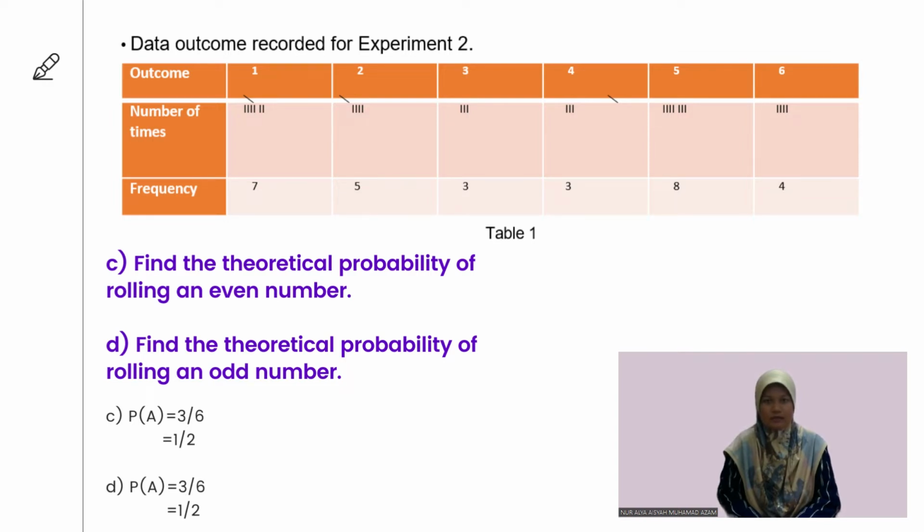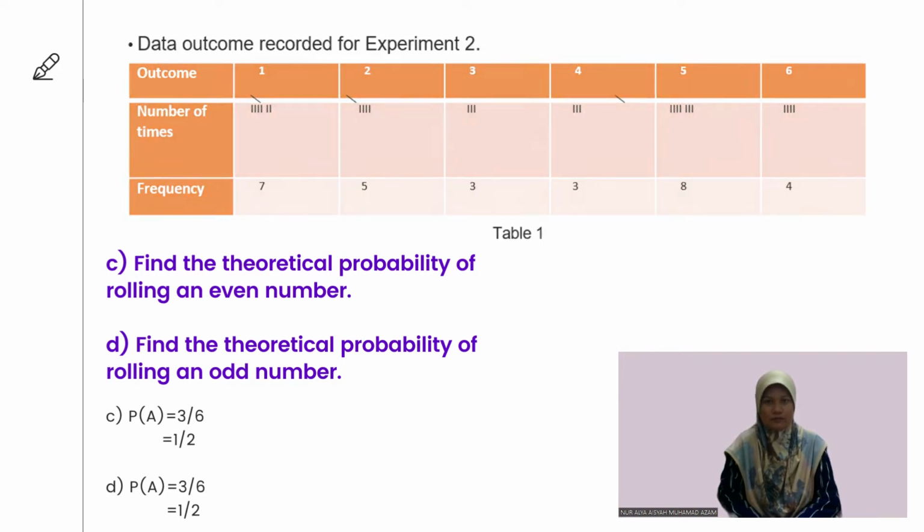Simplify, equal to 1 over 2. For question D, the theoretical probability of rolling an odd number, we apply the same formula, which we will get 3 over 6. Simplify, we get 1 over 2.